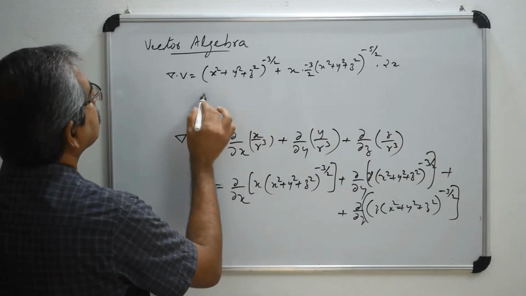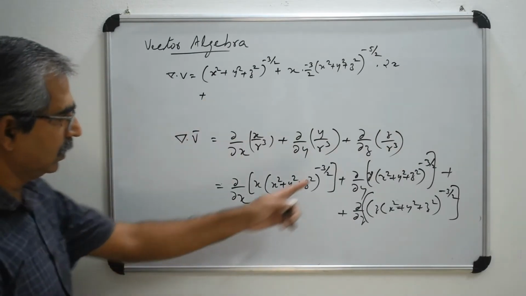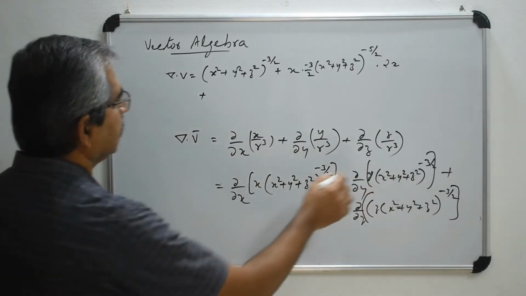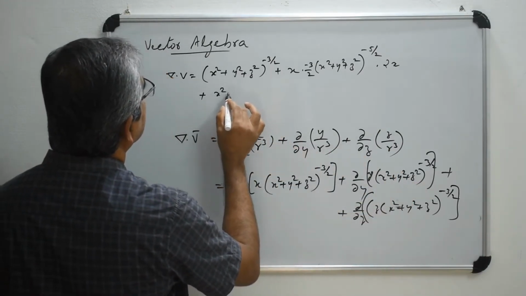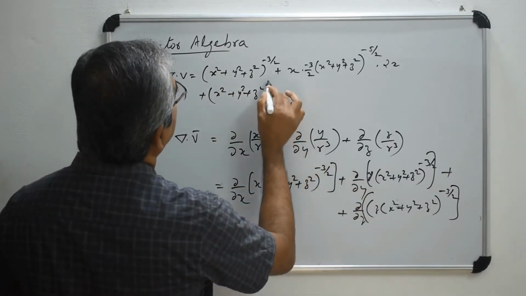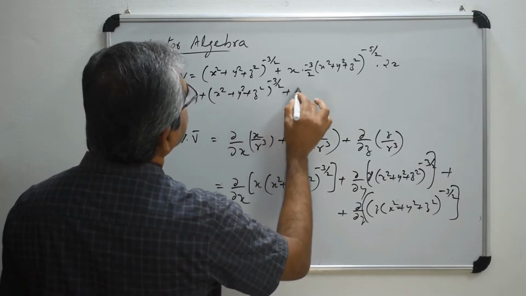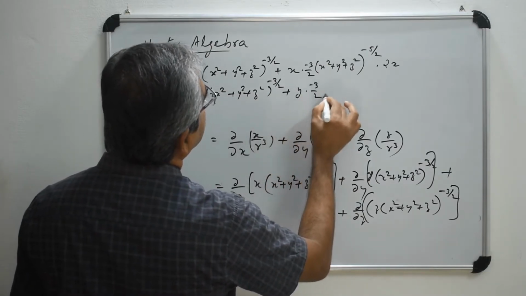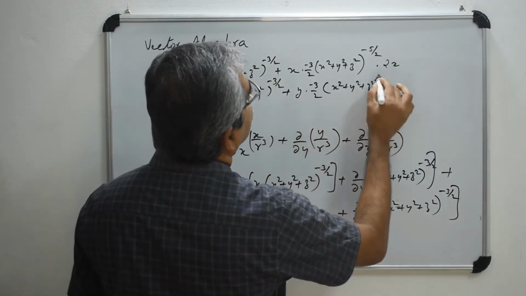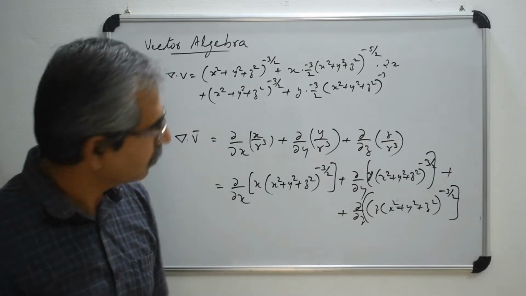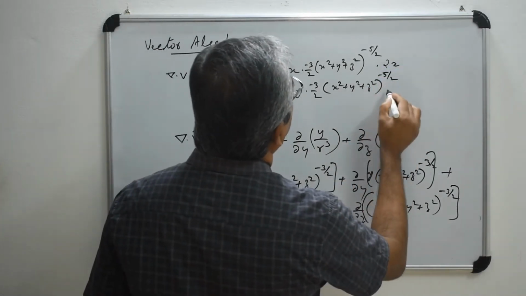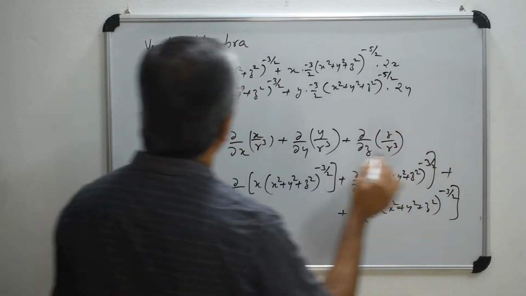Okay, plus what about the second one? Dou by dou y of this one, again the same thing, isn't it? x square plus y square plus z square raised to minus 3 by 2 plus y into minus 3 by 2 into x square plus y square plus z square raised to minus 5 by 2 into 2y.